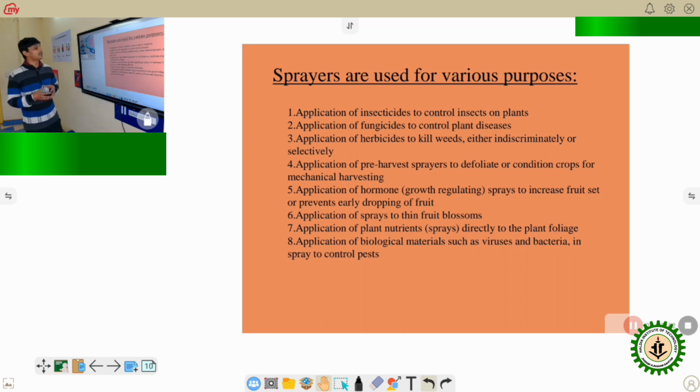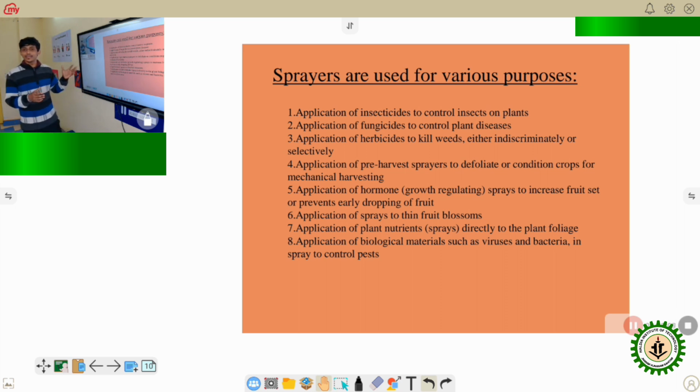Apart from that, we can easily spray some hormones and some nutrients with the sprayer, because sprayers very effectively and uniformly distribute different types of materials in the field conditions.